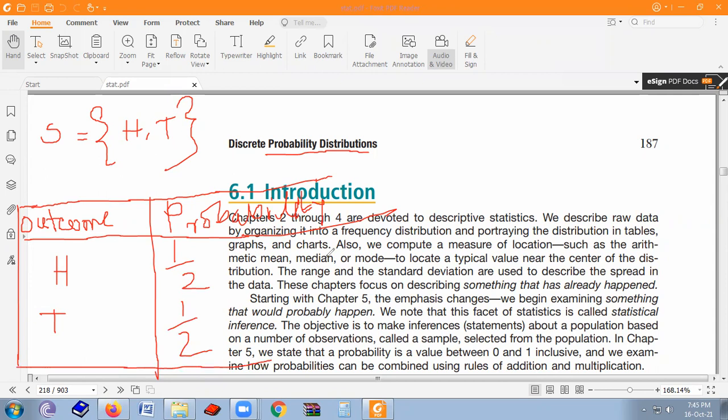Okay, so when we create this type of table, outcomes and the probability associated with each outcome, the table is called a probability distribution.